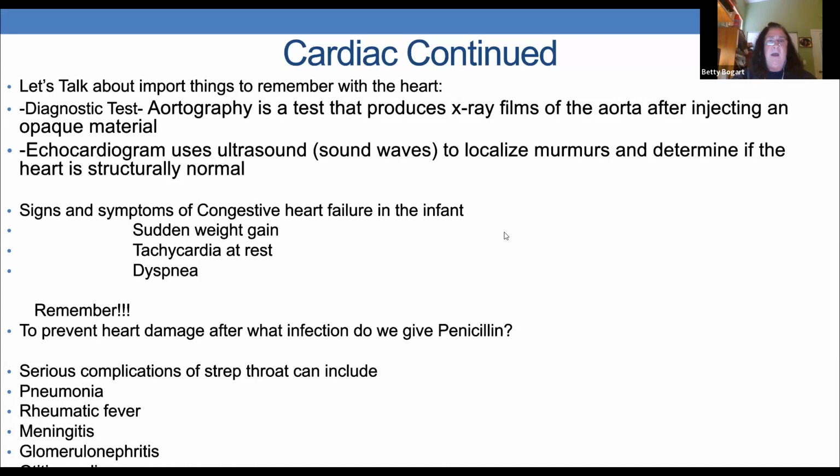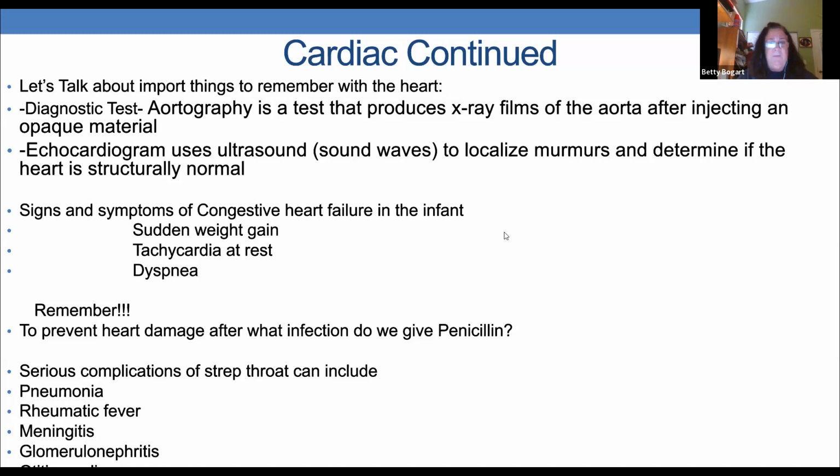So, an aortogram. An echocardiogram: after we get an infant or a child admitted with a cardiac anomaly, supposedly we're going to be doing an EKG and then an echocardiogram. And that's going to tell us if the structure in the heart is normal. And from there, they'll go to cardiac cath if they find anything, and then maybe surgery.